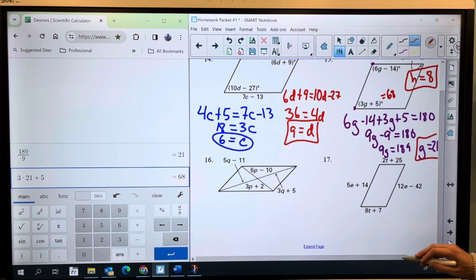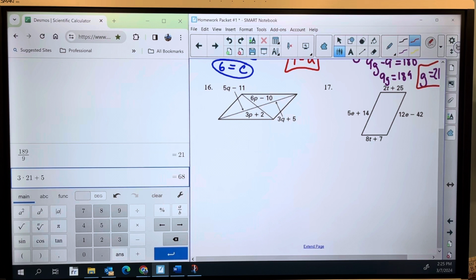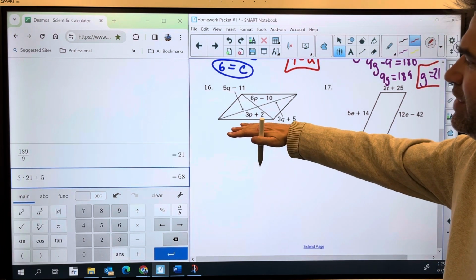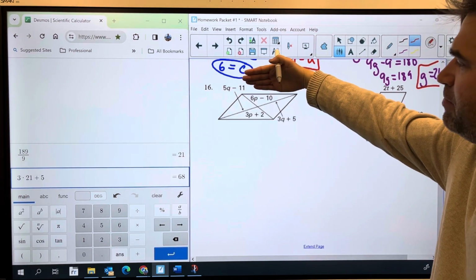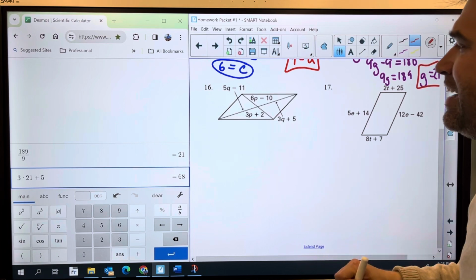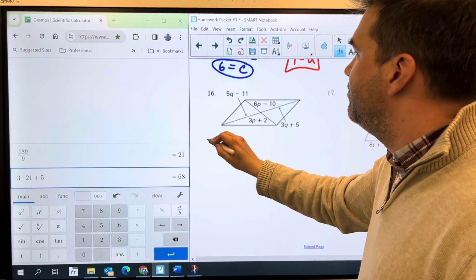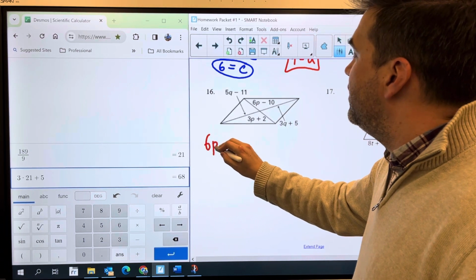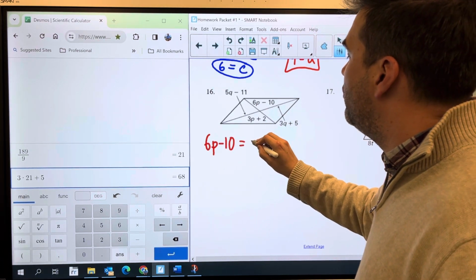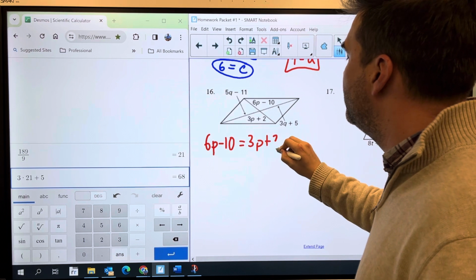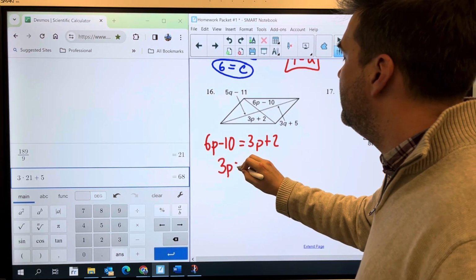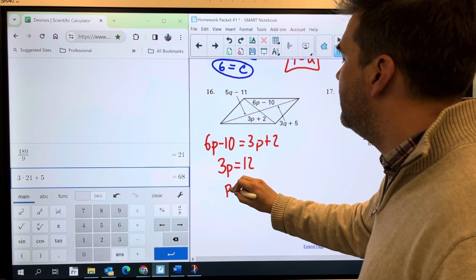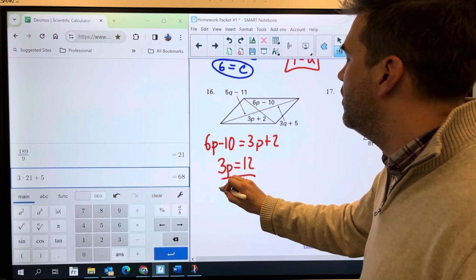All right, 2 more problems here. We can see that this parallelogram got cut up a little bit. I'm going to go ahead and say 3p plus 2 and 6p minus 10 are those opposite sides. So I know that 6p minus 10 is going to equal 3p plus 2. So 3p is going to equal 12, and p is going to equal 4.